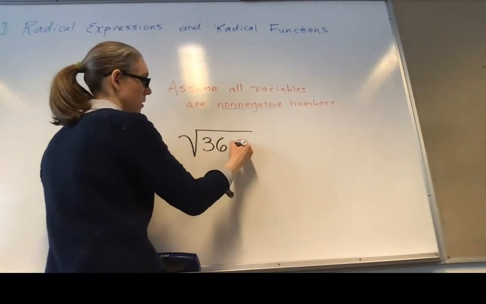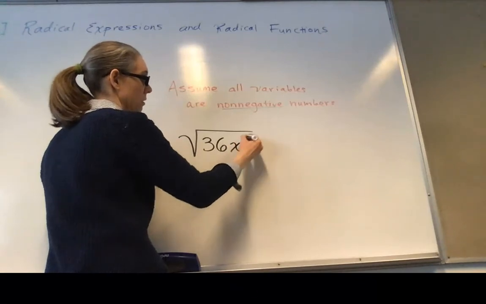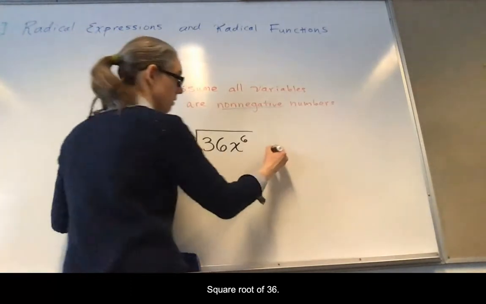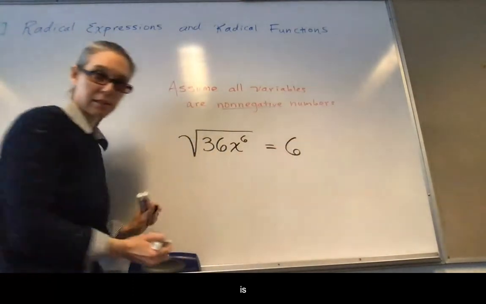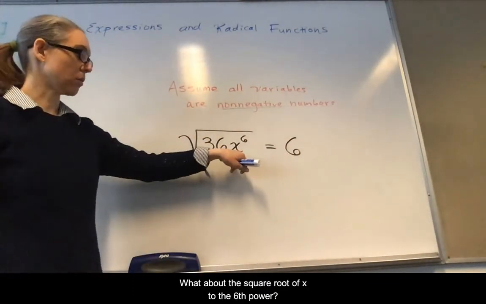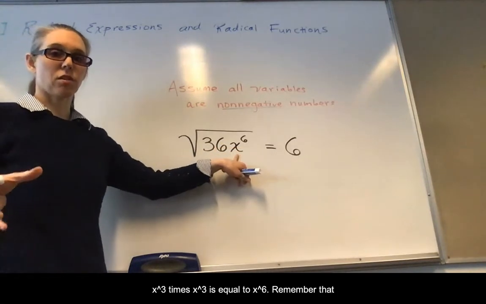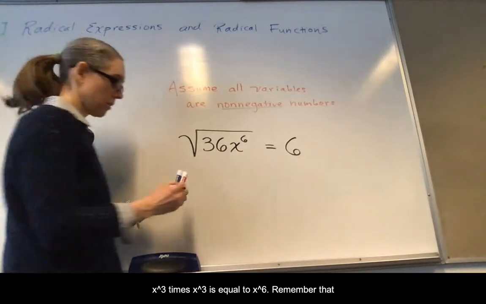36x to the 6th power, the square root of 36 is 6. What about the square root of x to the 6th power? X to the 3rd times x to the 3rd is equal to x to the 6th. Remember that.